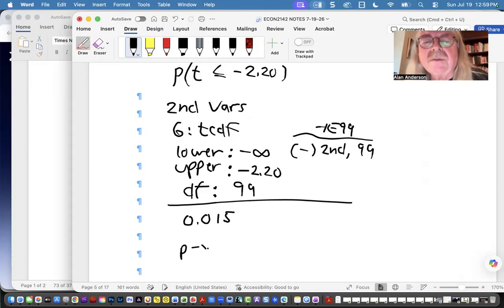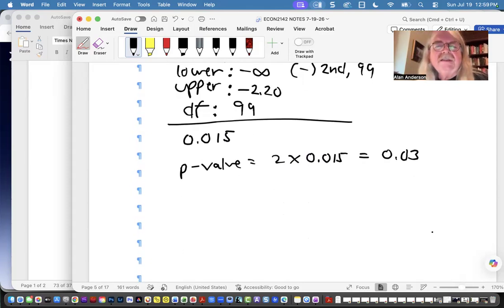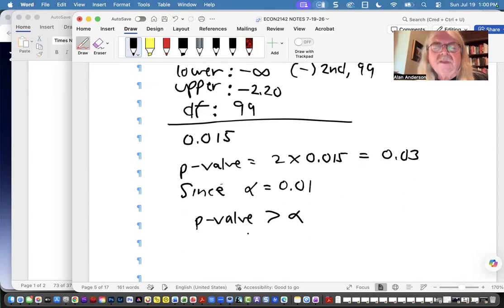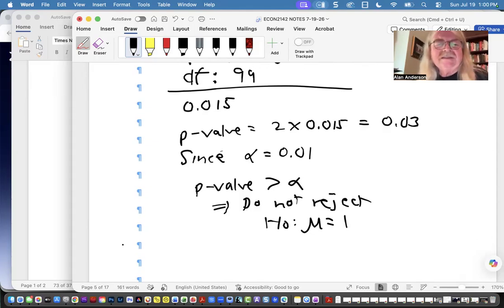So the p-value is double that. Now keep in mind the alpha was 0.01, not the usual 0.05. And that means do not reject the null.